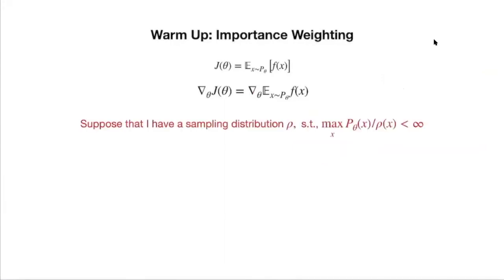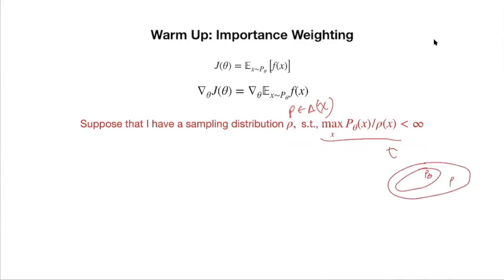Okay, so now let's try to make our life easier. Suppose that I have a sampling distribution rho, which is a distribution for x. This rho is pretty nice in the sense that it covers the current distribution p theta. Here you should just think about this as, maybe this is my rho and this is my p theta.